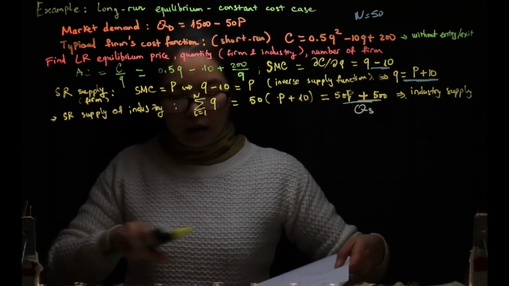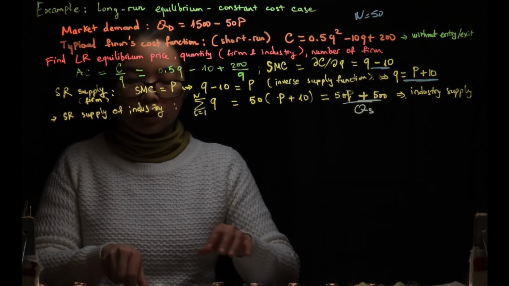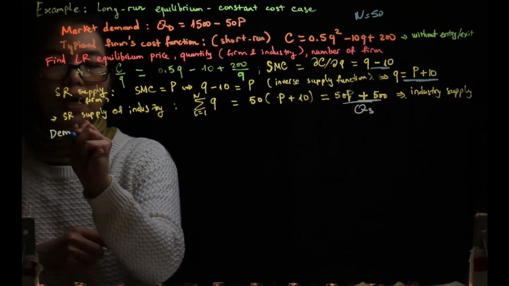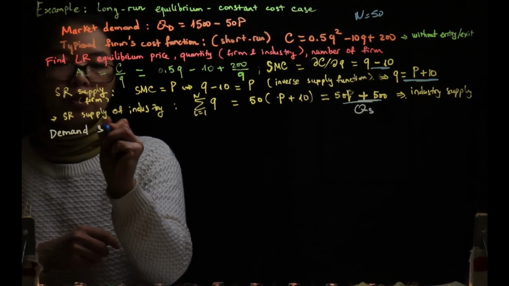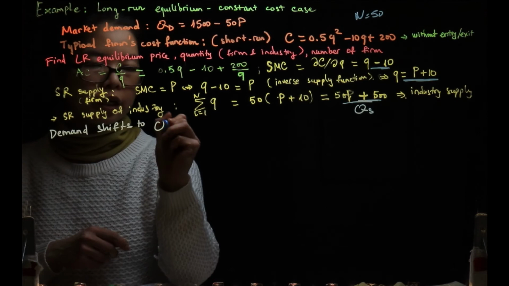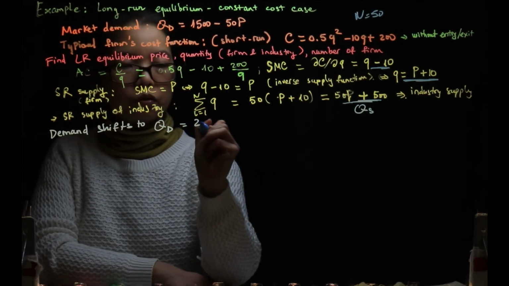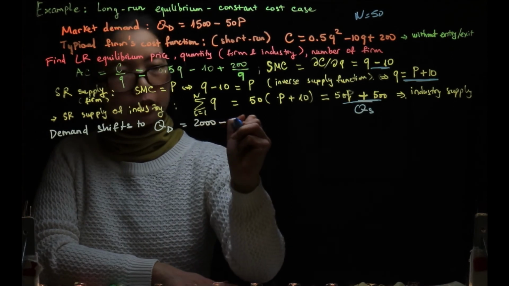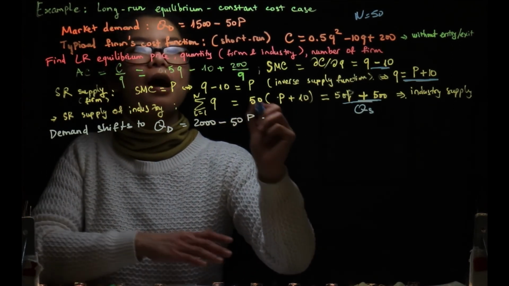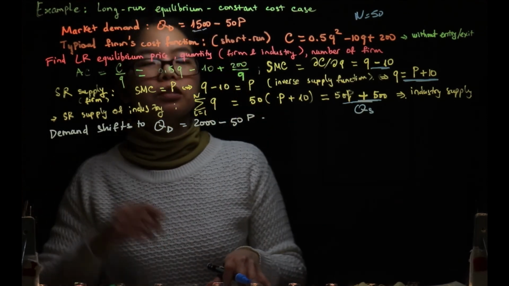So the next step would be a demand shift. Let's write it here. Demand shifts to QD equals 2000 minus 50P. So that is a shift outward, right? Because before that we had 1500.